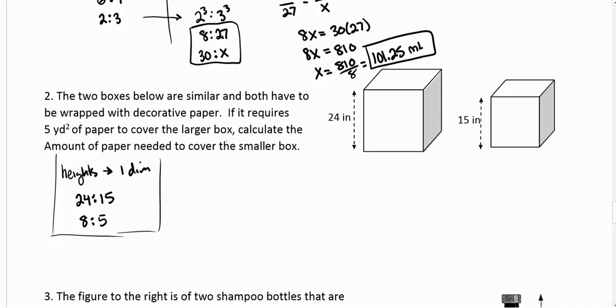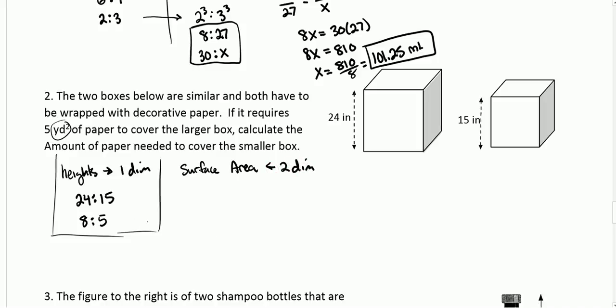So that's our one-dimensional ratio. In the question though, we need to know the amount of paper needed to cover the small box. And if you look at the units for the paper, it's yards squared, which is indicating two-dimensional. This is a surface area type idea. Covering the surface. So this is two-dimensional.